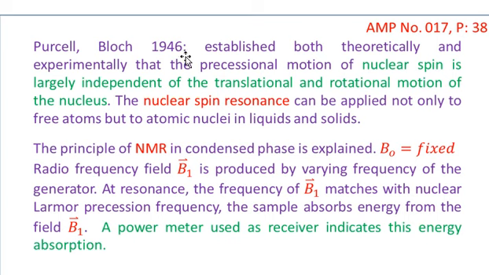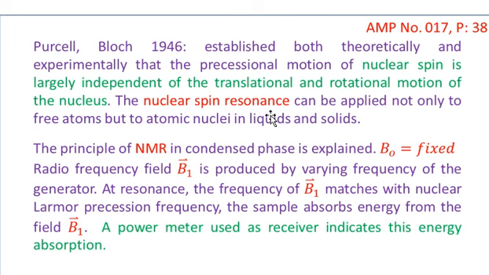Purcell and Bloch in 1946 established both theoretically and experimentally that the precessional motion of nuclear spin is largely independent of the translational and rotational motion of the nucleus. So you see that this was a very profound finding of Purcell and Bloch, that the nuclear spin is largely independent of the translational and rotational motion of the nucleus.